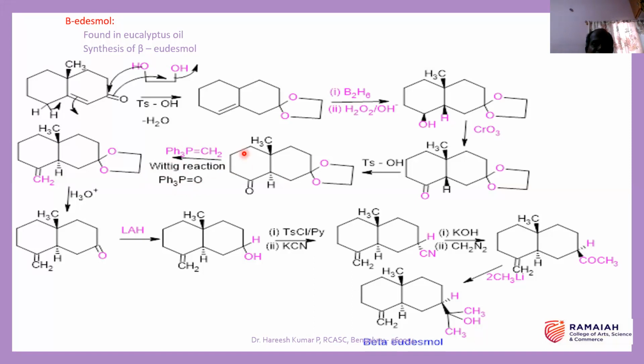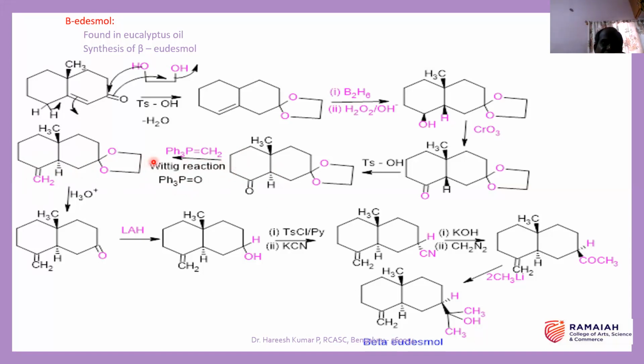Wittig reaction means it's a conversion of ketone to methylene. This is triphenylphosphine methylene, which is the ylide. Here also a reaction mechanism is there. Every step involves a mechanism.